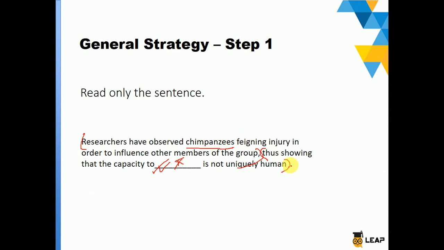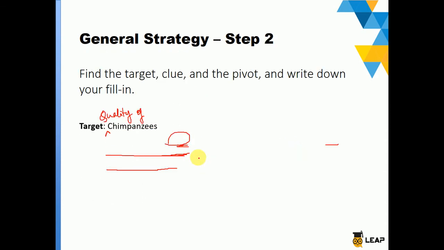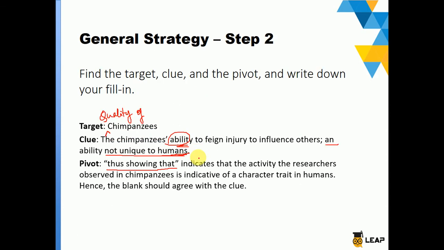Now read this part. Thus showing that the capacity to dash is not uniquely human. So we're talking about a capacity that is not human. Alright. So something that is not human will be chimpanzee-like. Right? So it will agree with the clue.